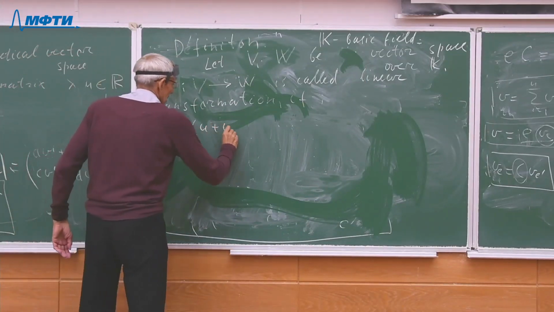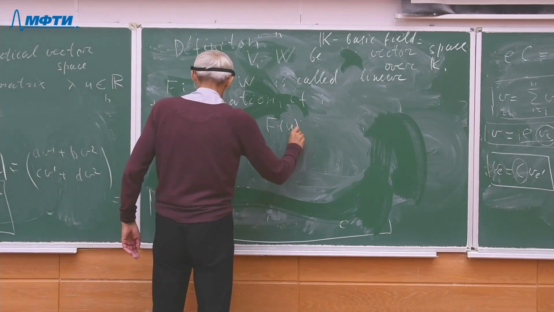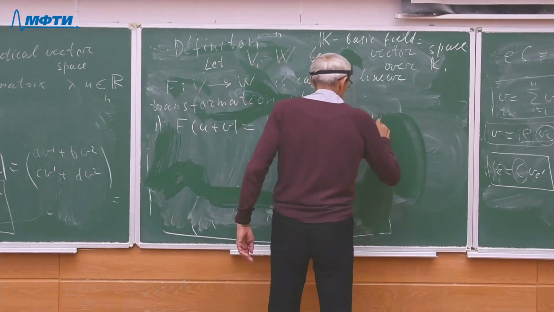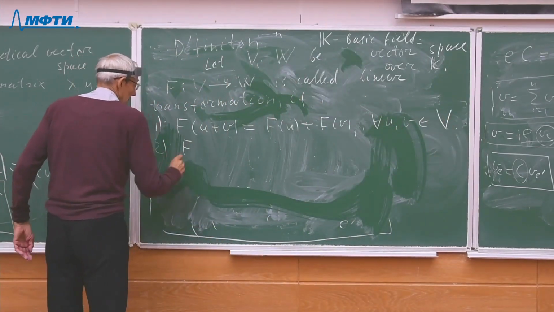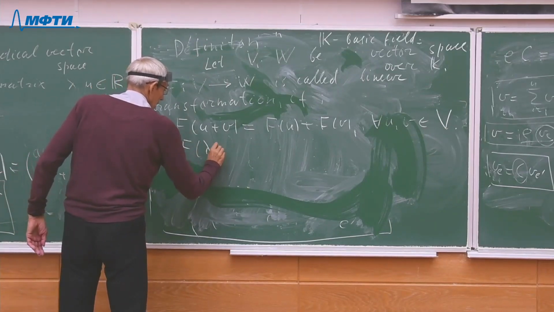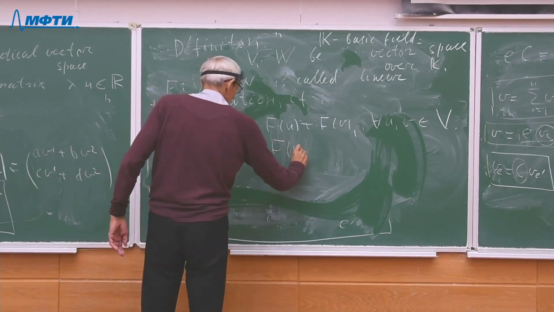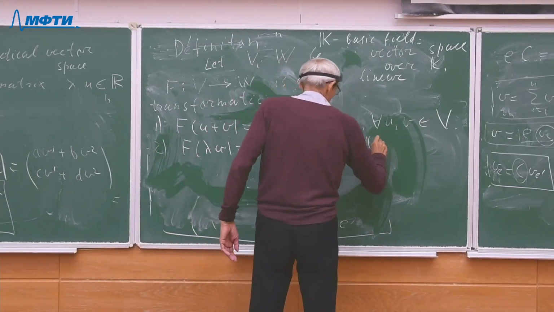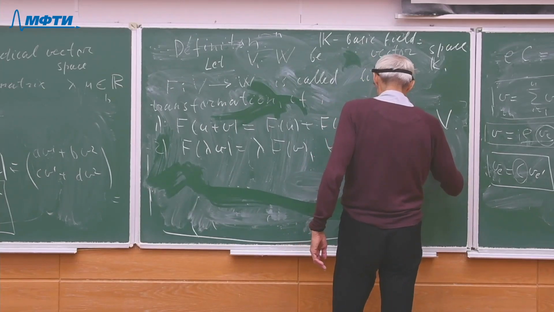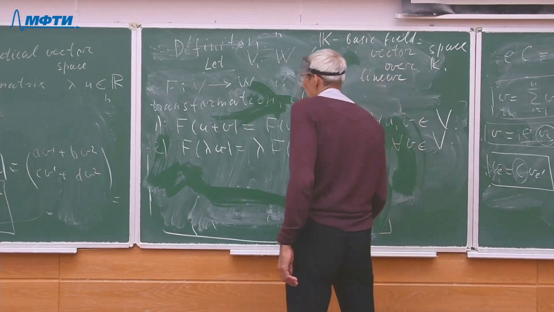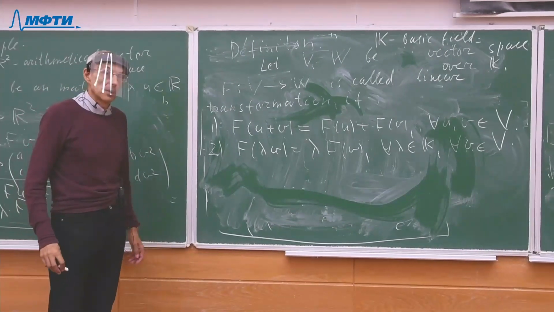The first of them is the property of linearity, for all v from V, and the second is the so-called property of homogeneity.